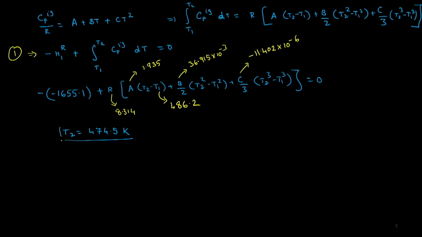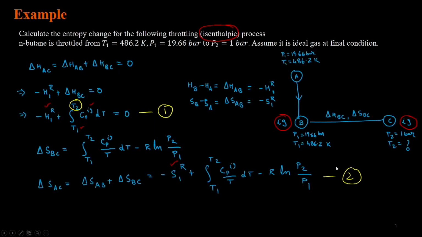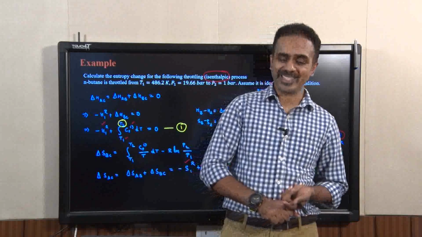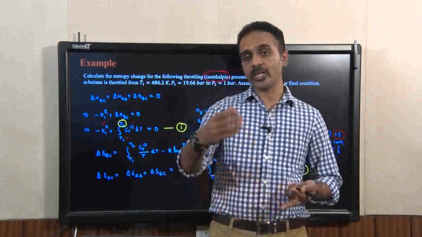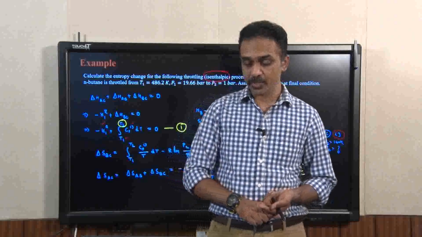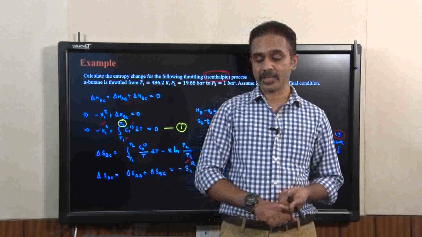Now, once I have the final temperature, it's pretty straightforward thereon to calculate the entropy change, delta S, from equation 2. All you need is the residual entropy at initial condition, and then solve that integral of Cp by T dT. We already have a temperature dependency for Cp, which I can use in equation 2, just like we did in the case of enthalpy.